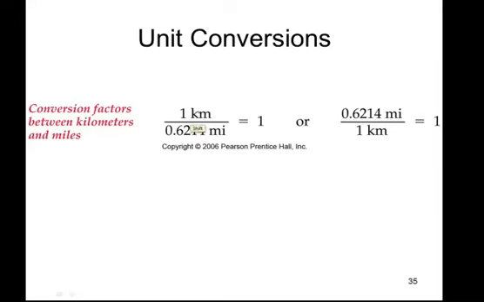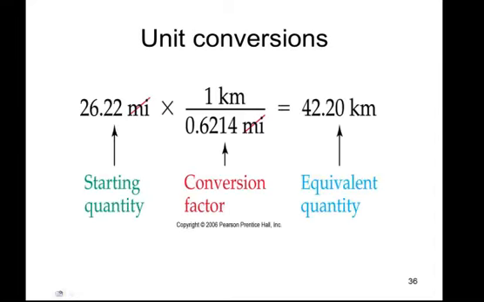So it'll say 1 kilometer is 0.6214 miles, or 0.6214 miles is 1 kilometer. And then I'm going to use that conversion factor. So if I have 26.22 miles and I want to convert that to kilometers, I would take my conversion factor and I need to make it so that the miles is on the bottom and the kilometers is on the top. That way my miles cancel because one's on the top and one's on the bottom.